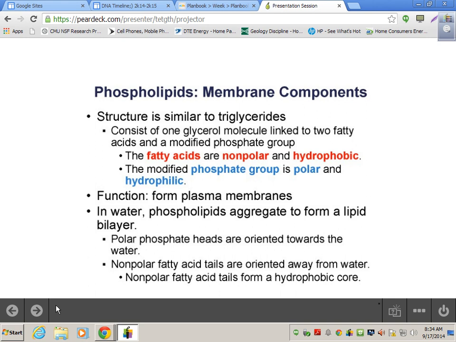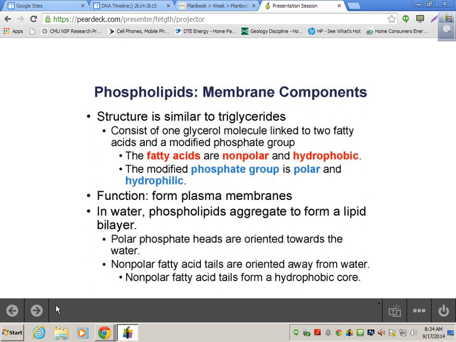What is the overall charge of DNA? It's not neutral. It's negative, right? It has a charge on it. Where is that charge located? It's on the edge. What's on the sides? There's the phosphate group and the sugar.